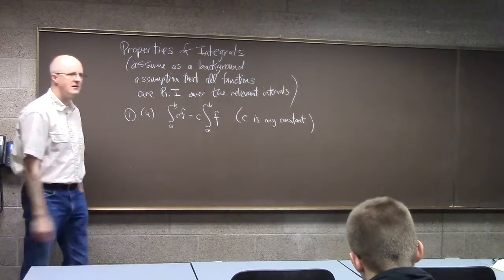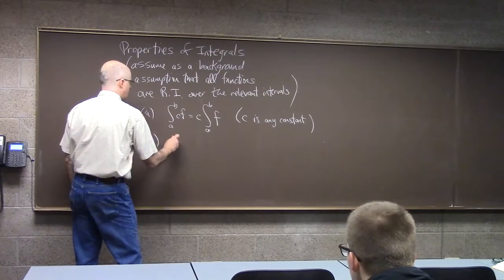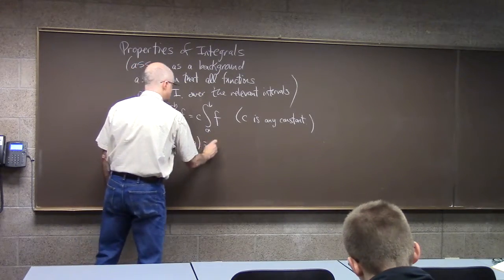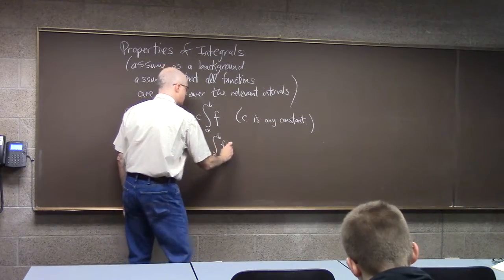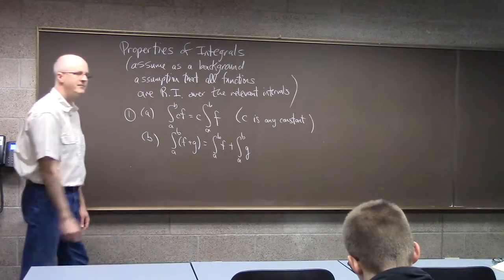You can pull the constant out in front. That's a linearity property. You can also say that the integral of the sum of two functions is the sum of the corresponding integrals over the same interval.